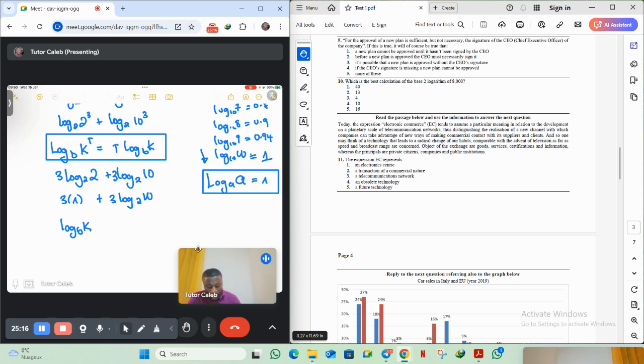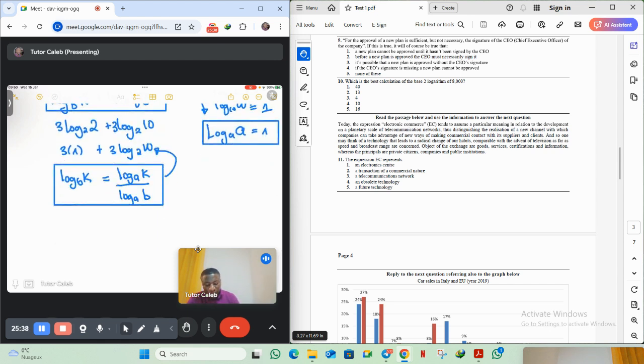This would give you the logarithm to the base a of k divided by the logarithm to the base a of b. This is your rule. So if we apply it here and we change the base from 2 to 10, you'll see how that is going to become necessary or important for us. So we get 3 into 1 plus 3 into, let's change the logarithm to base 10.